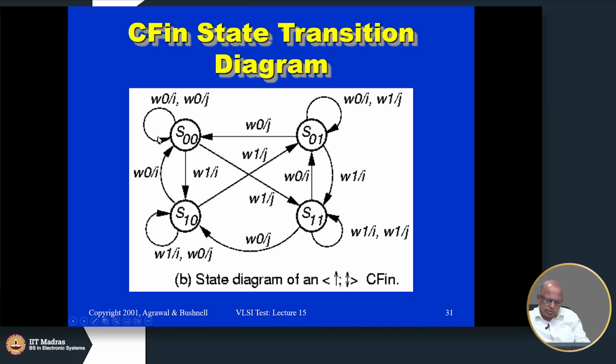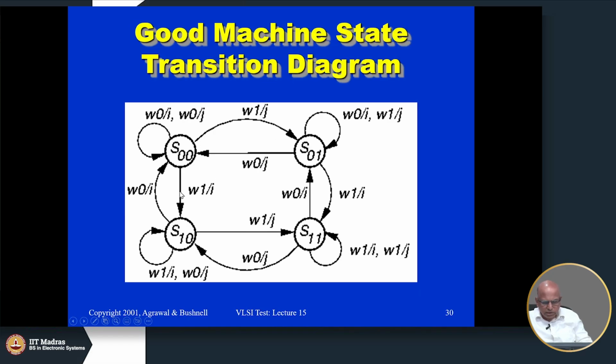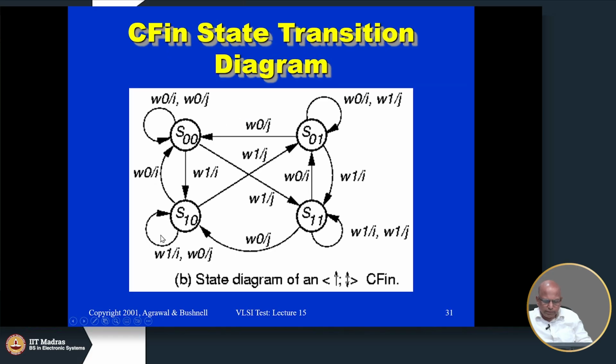Okay. So, this was unexpected. Whereas, in your previous one, see, there is no transition like this, okay. Whereas, here there is. In the same way, look at this. When we are in the 1 0 state, if I write a 1 in j, I will go here, but that will cause I also to flip. So, 1 will become 0.